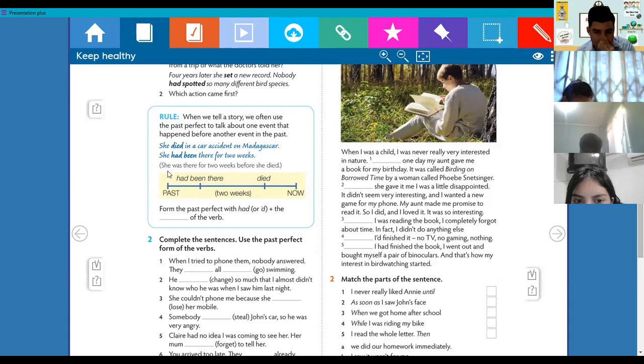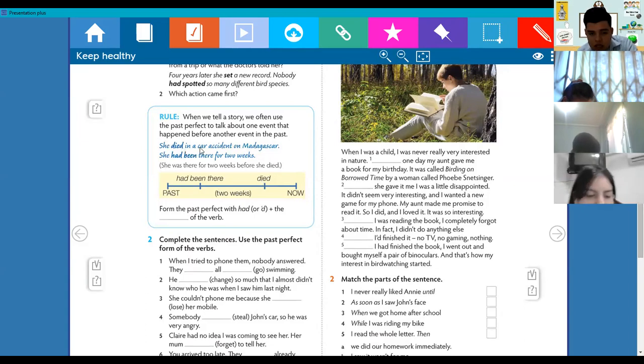When we tell a story, we use the past perfect. We often use the past perfect to talk about one event that happened before another event. In fact, there is a meaning of before. For example, we have another graphic using the past and the time now. Over here we have the past tense. This one is all past.